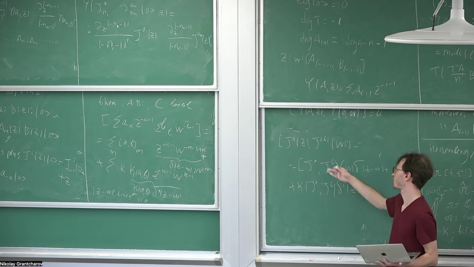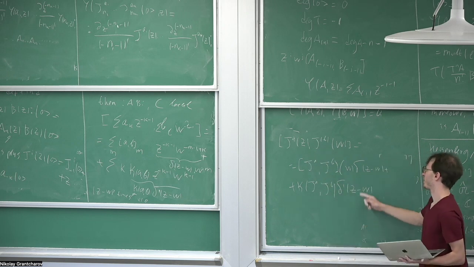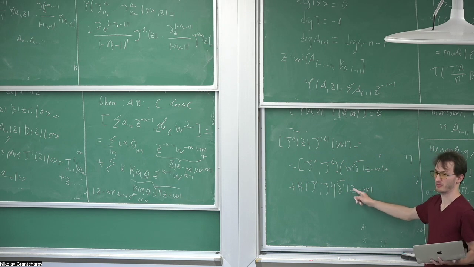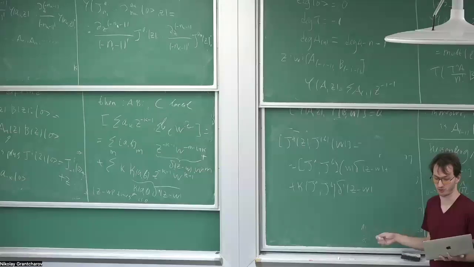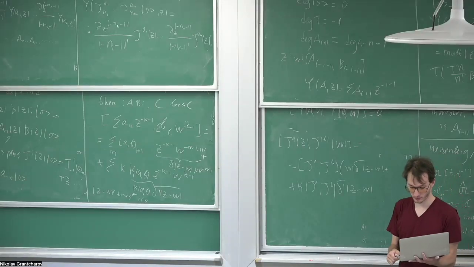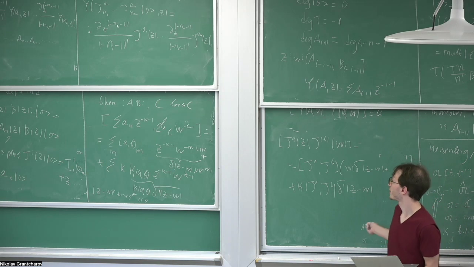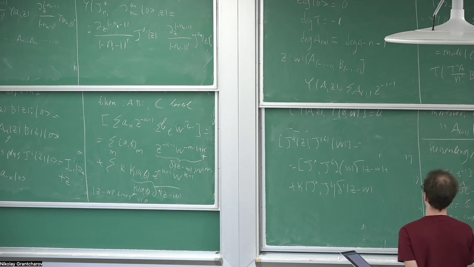If you write not the commutator but the product, then here will be 1 over Z minus W, here will be 1 over Z minus W squared, plus something regular, plus something that does not use negative powers of Z minus W. Okay, so this is how Heisenberg and Kac-Moody vertex algebras work.